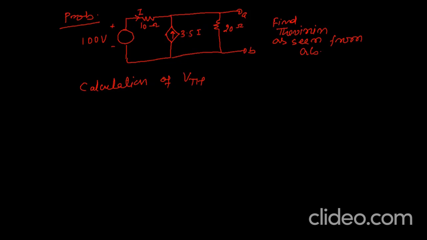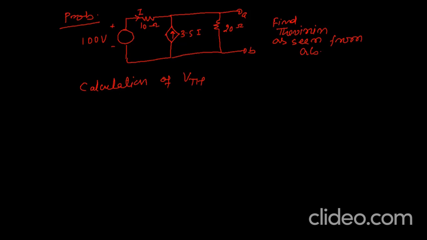So this is a dependent source, and this is a current source whose value depends on the current flowing through this 10 ohm resistance. That is why it is called a dependent source. So we can convert this current source into a voltage source and we can find the value of this voltage across the terminal of the 20 ohm.